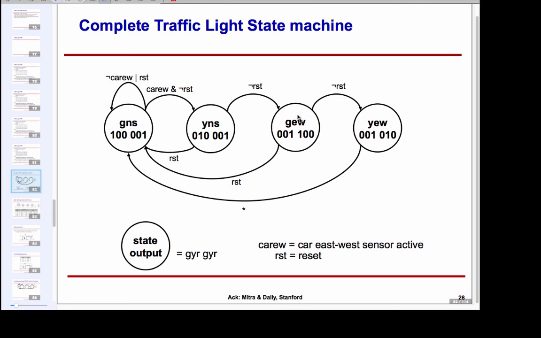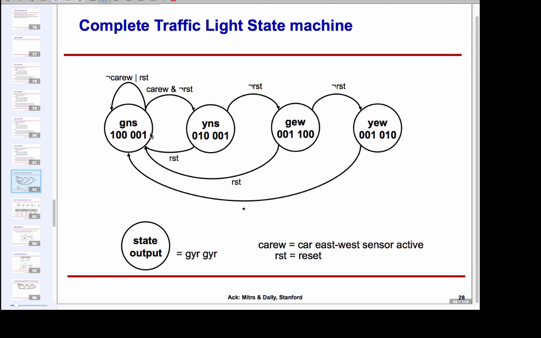And then after 1 clock cycle of green on east-west, if the reset is false, I move to yellow east-west. And then finally, after I'm done with yellow east-west, irrespective of whether it's reset or not, I always go back to green north-south. So every time there's a car on east-west, I'm going to turn the light green, move to yellow, move to green on the east-west, move to yellow, come back.